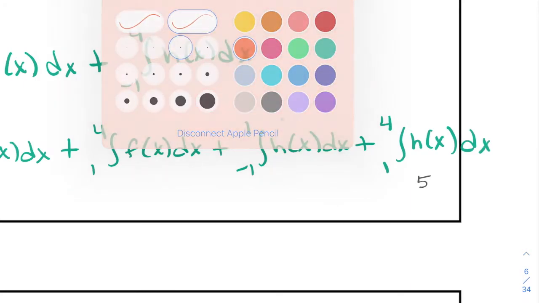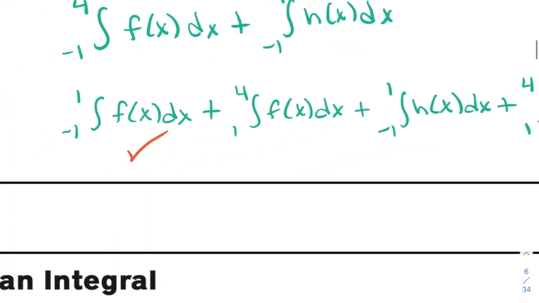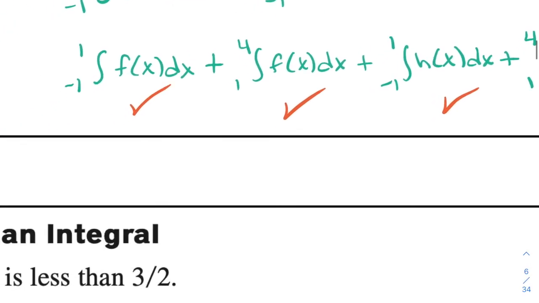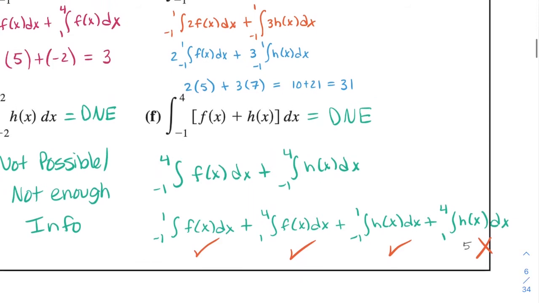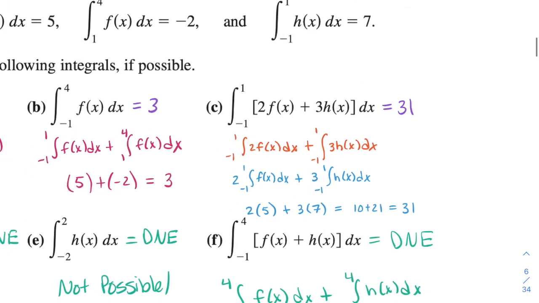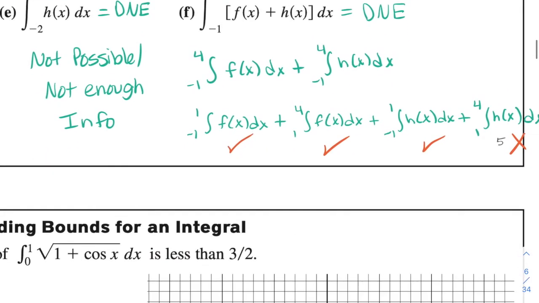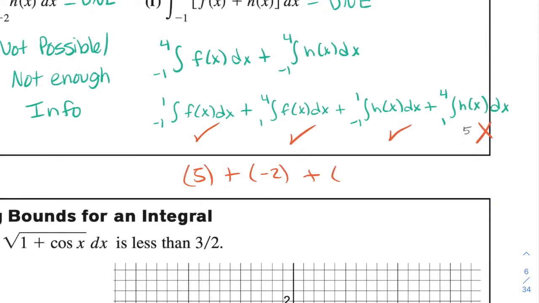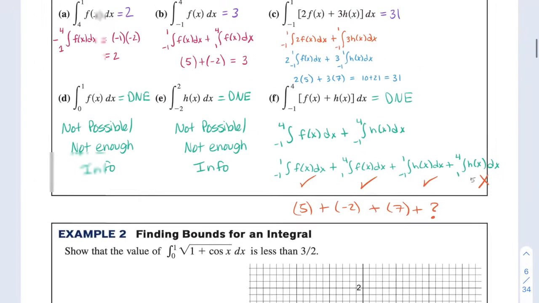What I want to do is go yes, yes, yes, no, and show that it's the 1 to 4 part of h(x) dx that I don't have. So it would have been 5 plus negative 2 plus 7 plus no idea, which is why that one doesn't work.